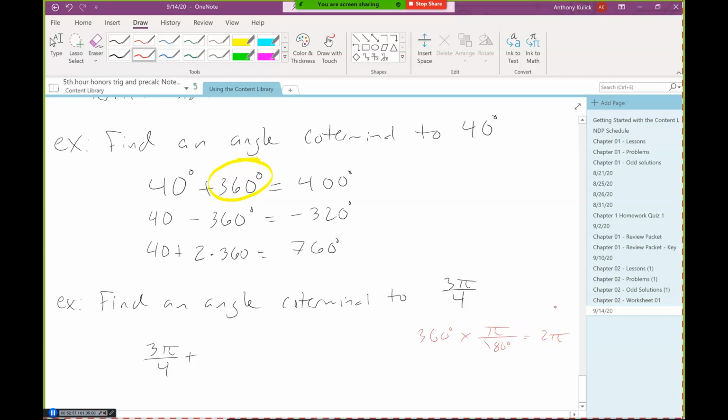So if I just do my quick little conversion from degrees to radians, 360 degrees is the same as 2 pi radians. Is everybody okay there? So here I'm just going to add 2 pi. So I made a common denominator and added those fractions. Does anybody need a refresher on how we add fractions again?